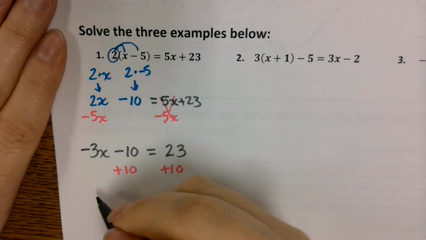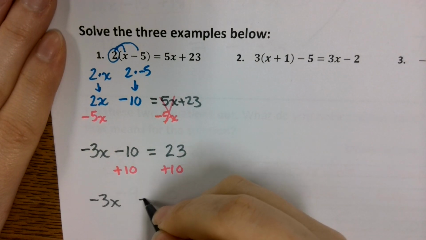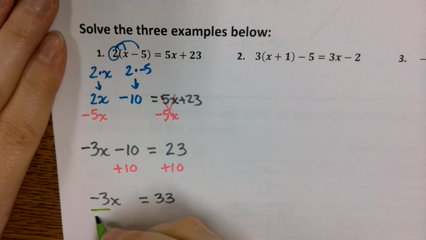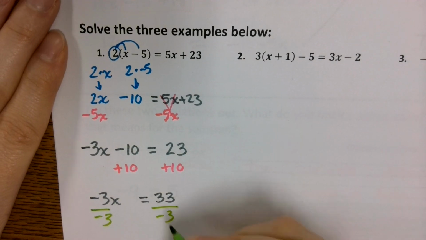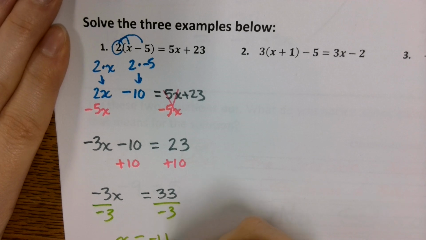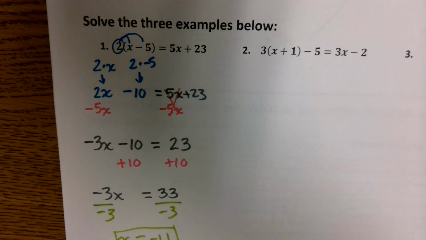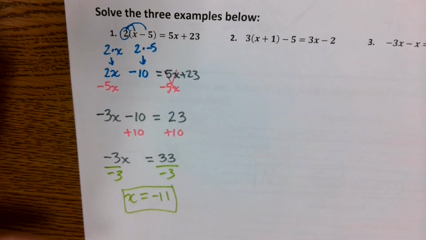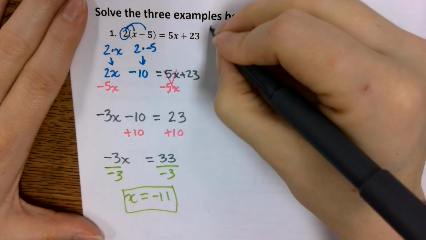That's going to leave me with negative 3x is equal to 33. And then I can divide both sides by negative 3 and get x is equal to negative 11. So that is a single solution. You get x is equal to negative 11.